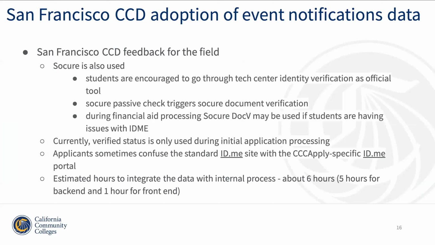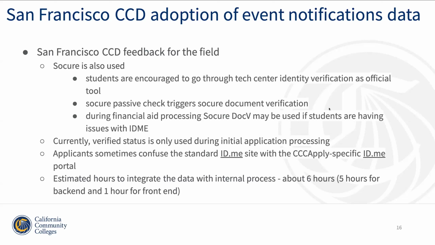So San Francisco also utilizes the alternative verification service of Socure, to help resolve any verifications when an applicant may have issues with ID.me. But the encouragement is to use ID.me at all possible attempts.